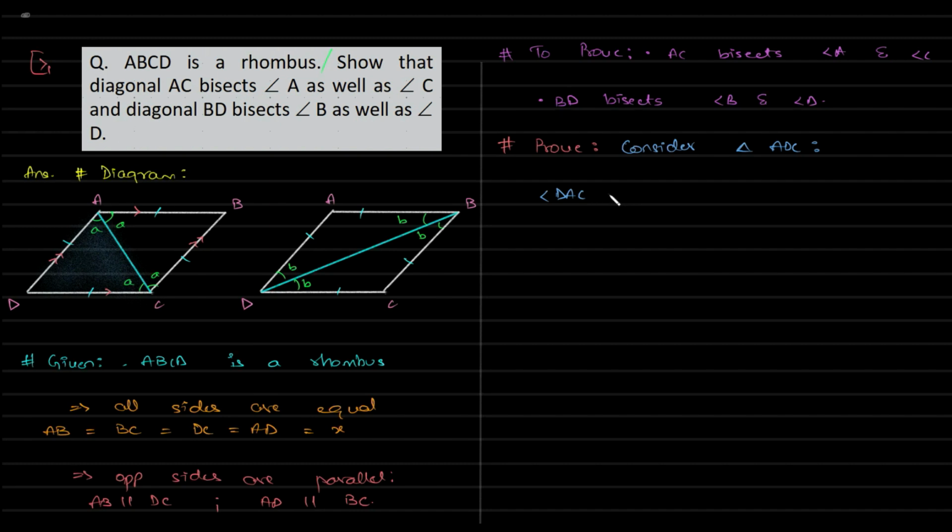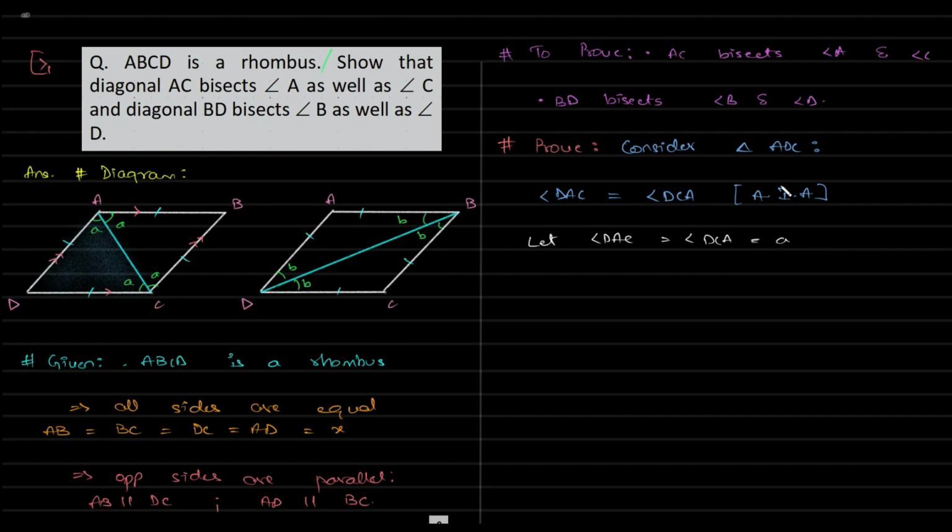So angle DAC is equal to angle DCA, and the reason is alternate interior angles. We already wrote that opposite sides are parallel. That's good enough. So we'll let angle DAC, which is equal to DCA, be equal to A.